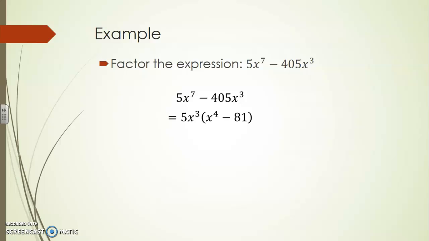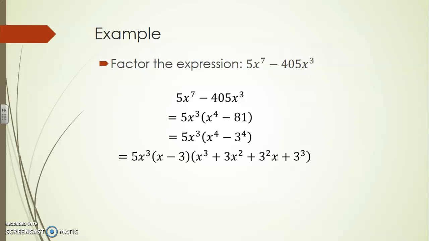You'll notice that in this example, both 5 and 405 have 5 as a common factor, and x to the 7 and x to the 3 share x to the power 3, and 5x cubed can therefore be factored, leaving x to the 4 minus 81. X to the 4 minus 81 is the difference of x to the 4 and 3 to the 4. So some of you will identify this as being the difference of a common natural power to x and 3.